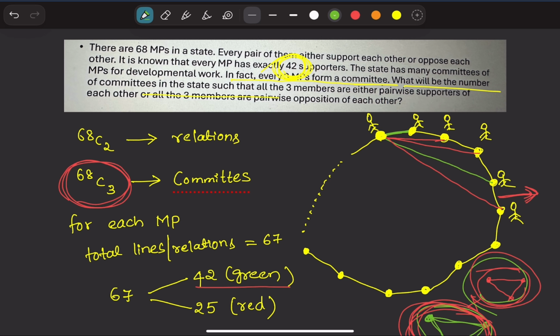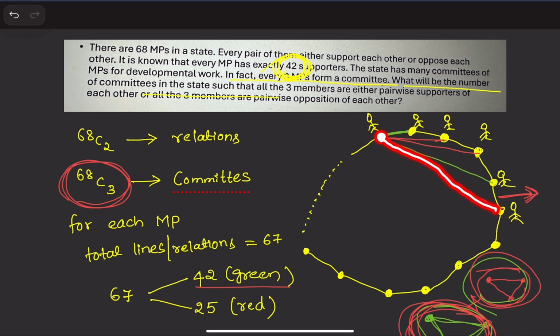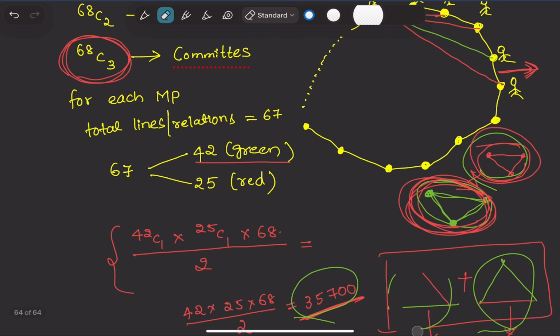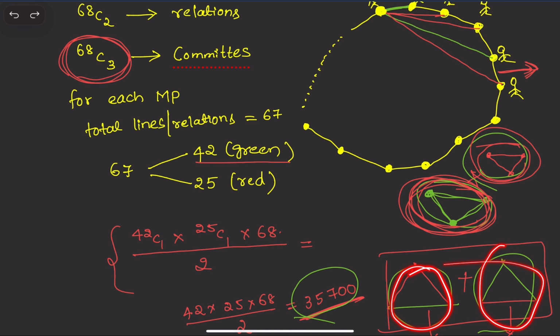If they are supporters, color it with green. If they are opposing each other, color it with red. And once you have done that, the key thing to do here is choosing one vertex and choosing a green line and a red line. It doesn't matter what the other side is.